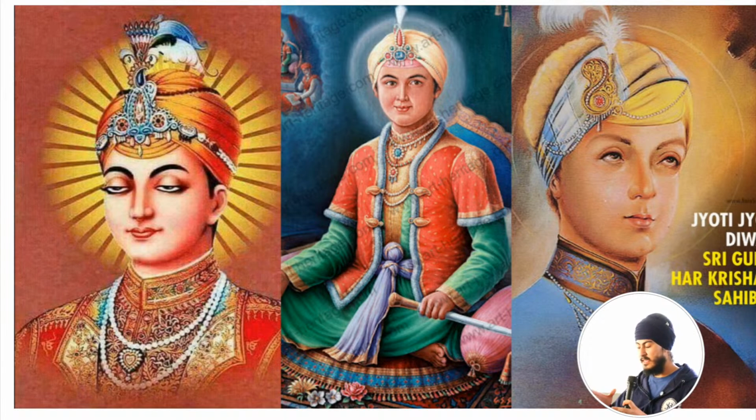And I feel that their own Jeevani isn't reflected in those pictures, because they're just shown as this figure that you look up to and bow down to, rather than anything beneficial for the viewer, to say, how can I live my life the way Guru Harkrishna Sahib Ji did, where they stopped even being so young, and they looked after so many people with smallpox, and they did it tirelessly for many hours, for many days. How can we look up to these Santhiya, and how can we reflect them in imagery?